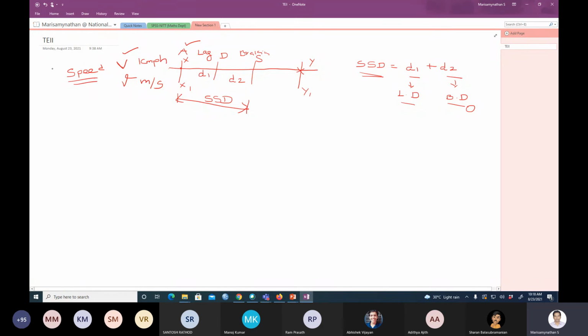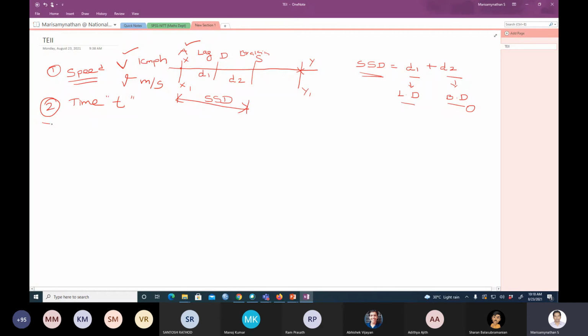So this is the first parameter in the equation. The second is the time, which is denoted as t. It is a simple parameter which we all know.